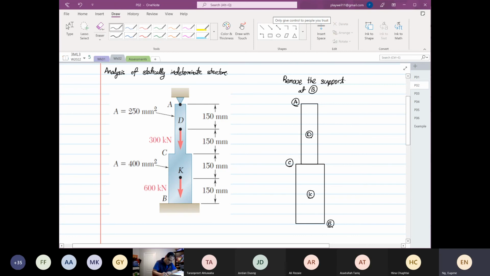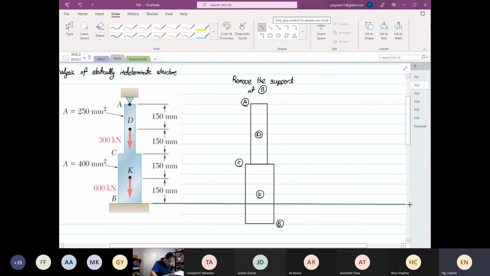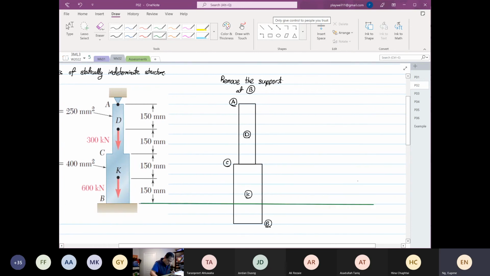So when we remove the support at point B, the structure is able to extend, right? Because there's nothing resisting it. If we were to draw a green line here, there's an extension because it's tensile loading, as you can see.